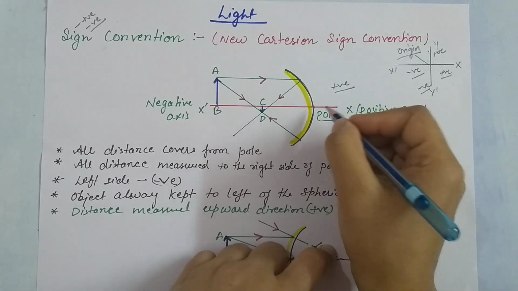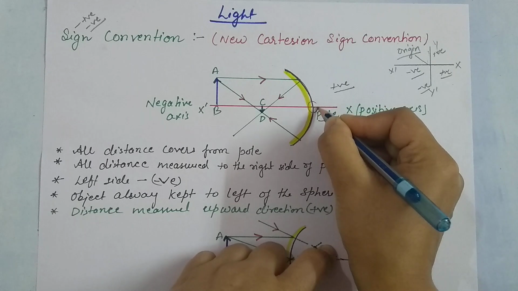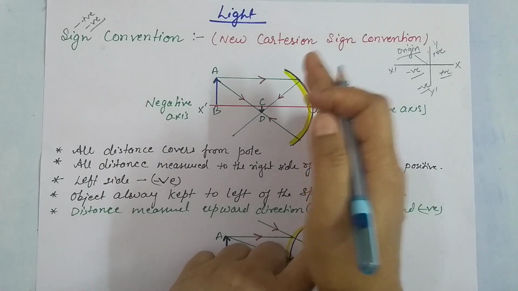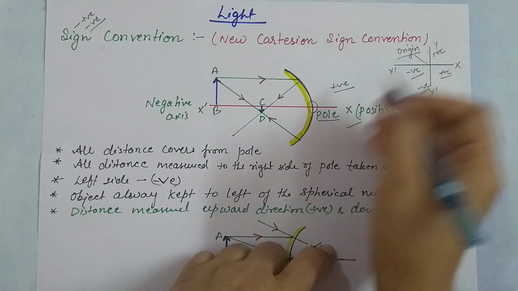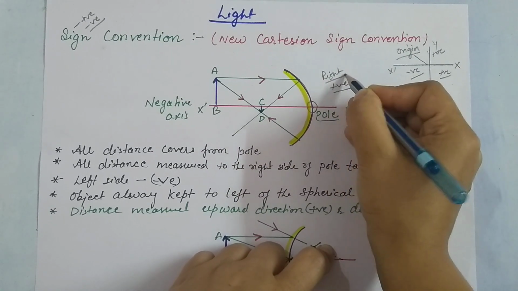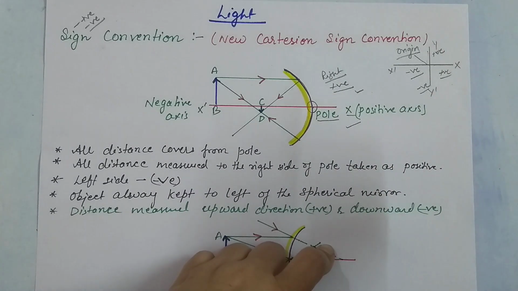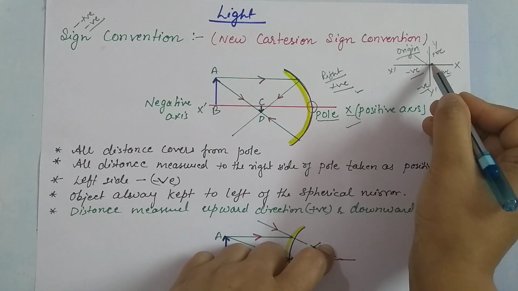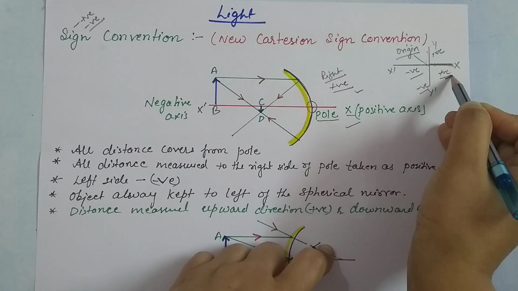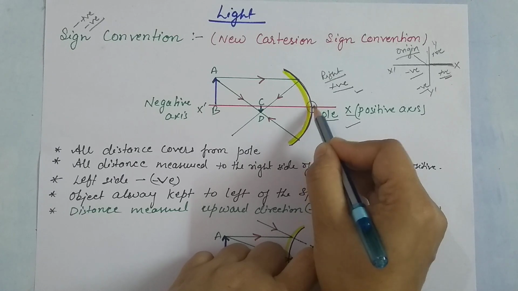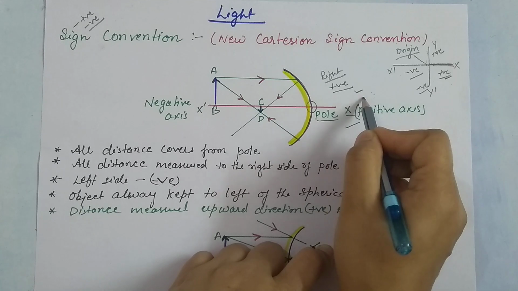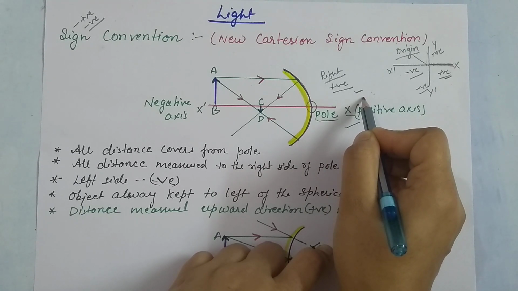First of all, keep in mind that every distance is measured from the pole, and the distance measured towards the right-hand side is considered positive.